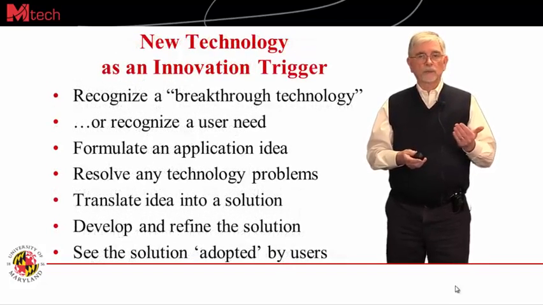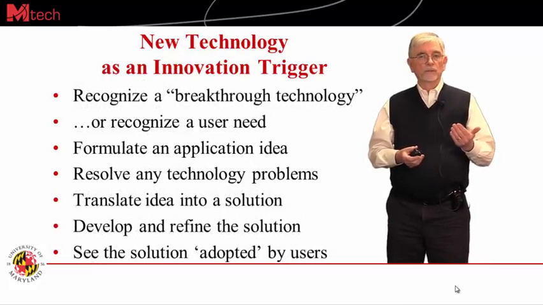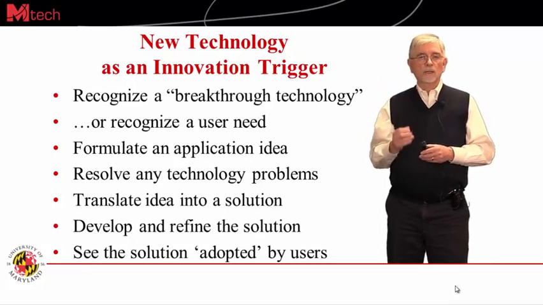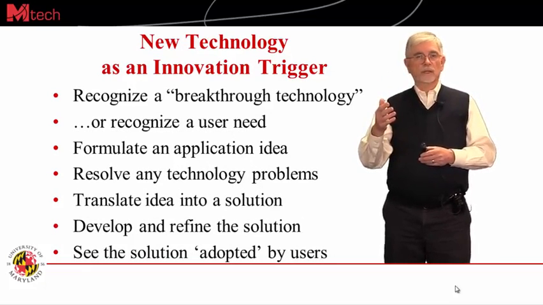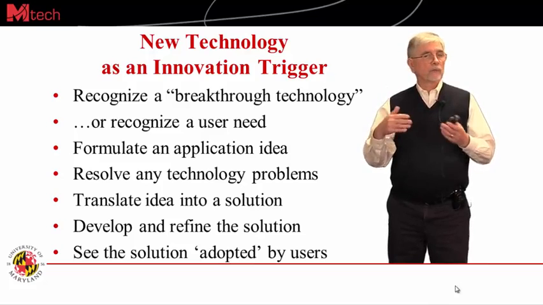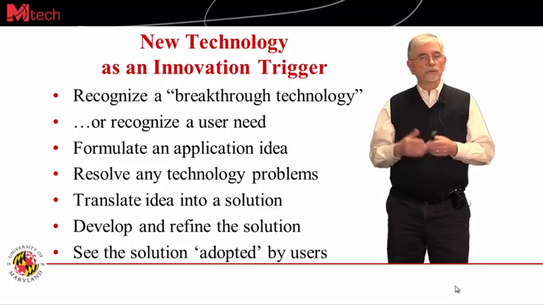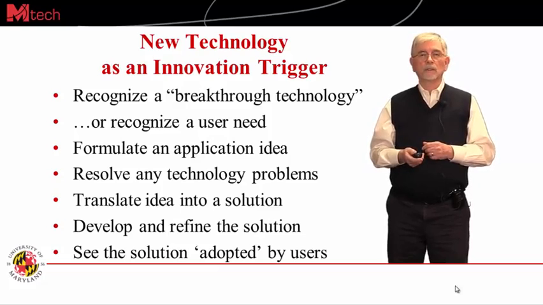Another way is to look at new technology as a trigger of innovation. So the steps there are that you recognize a breakthrough technology, or you discover it, or you recognize a user need and you respond to that need with an idea that has a technology application, and you translate that into some form of solution, and you ultimately have it be adopted by users, and I think we see this daily.